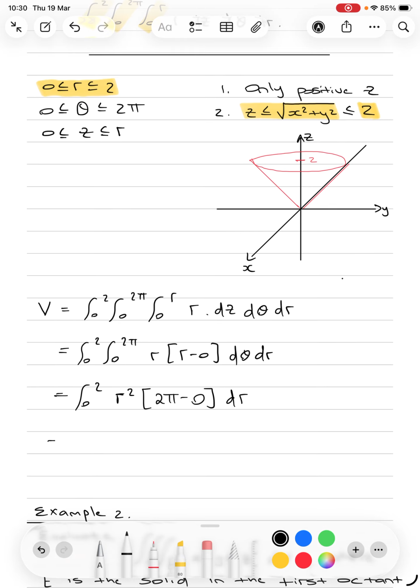Right, and then finally we integrate with respect to r. And subbing in the limits takes me to the volume of that cone.